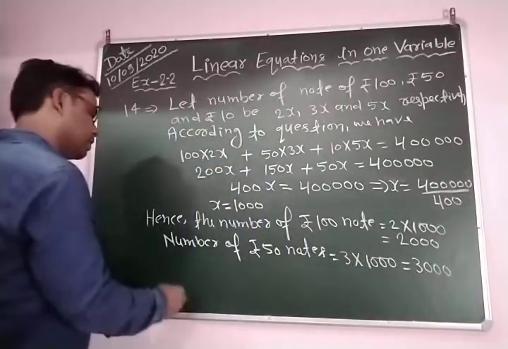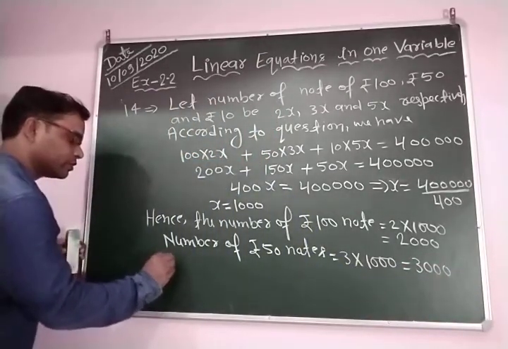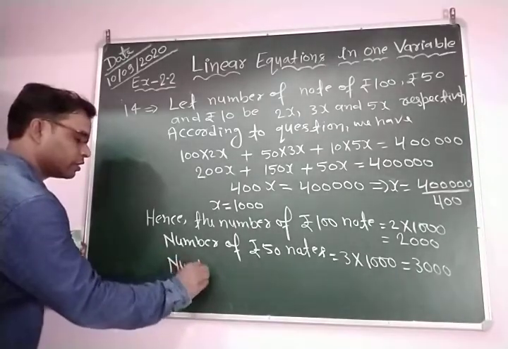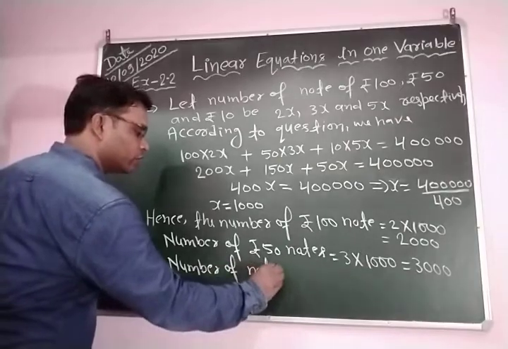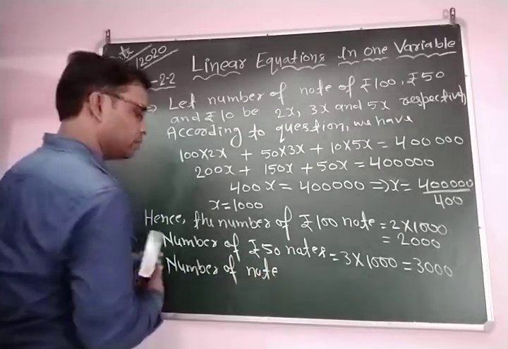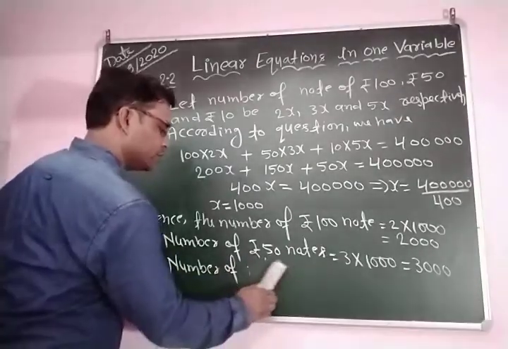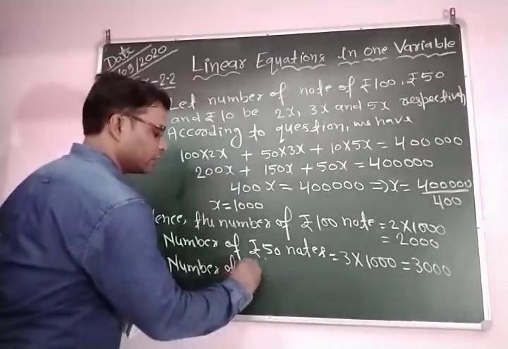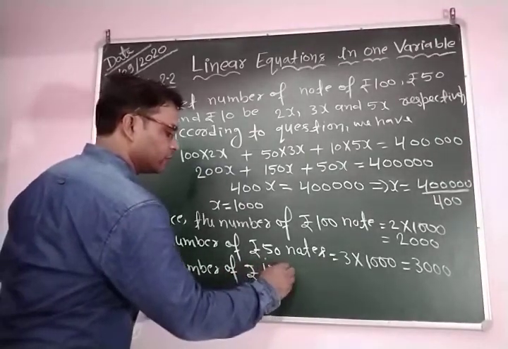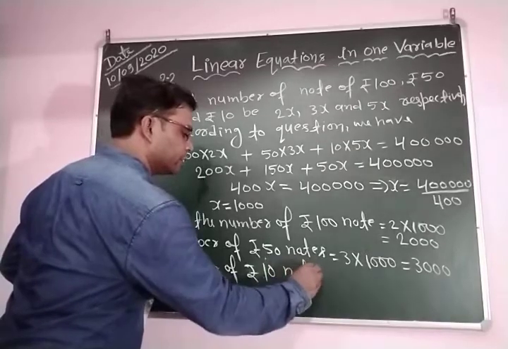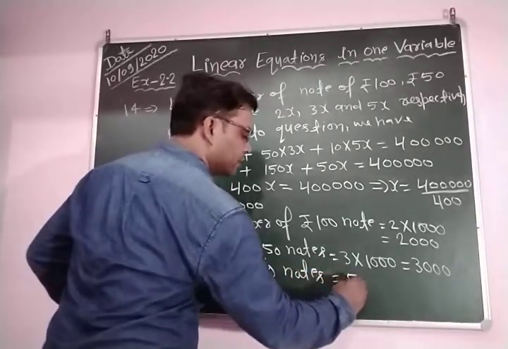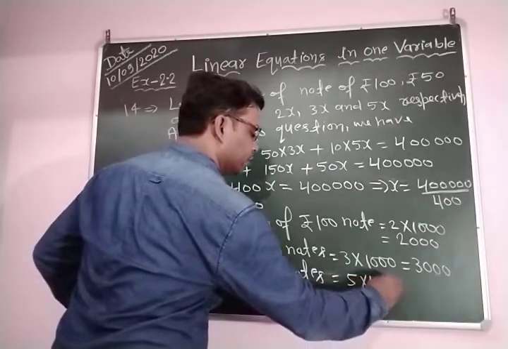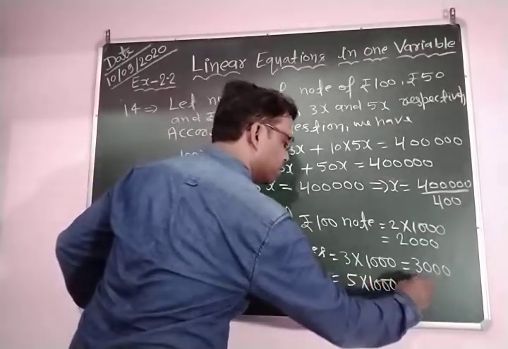Okay, and the number of 10 rupees notes is 5x, the value of x is 1000, so this is equal to 5000.